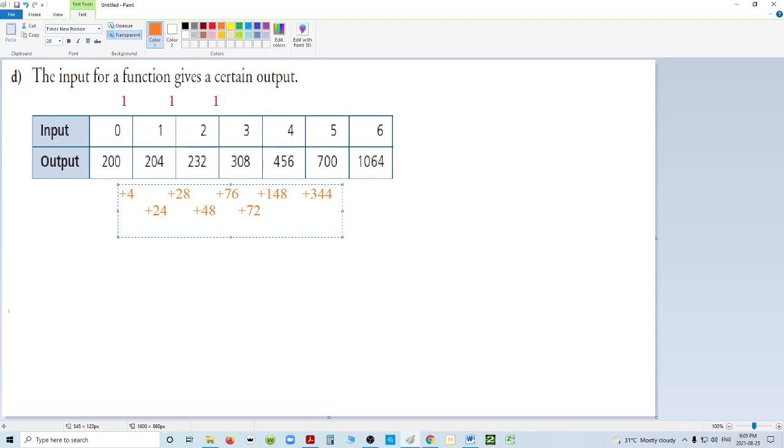Did I do it wrong again? See? My brain's not working. That was the difference between these two. This is 244. Okay. And this last one is plus 96.